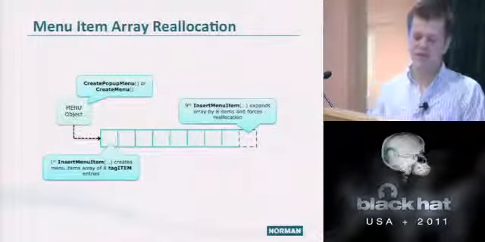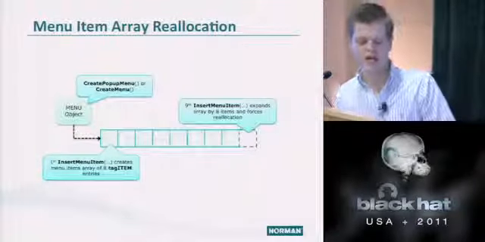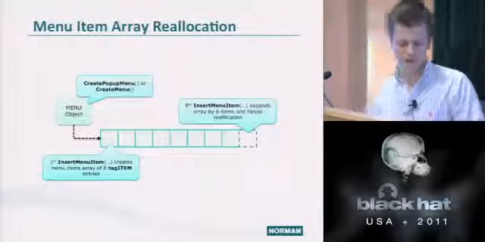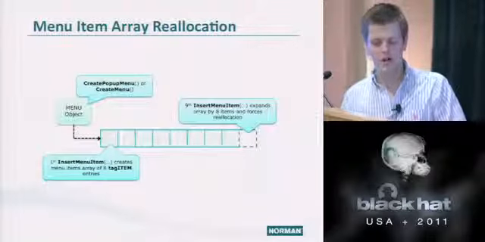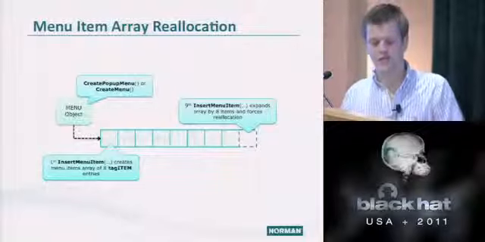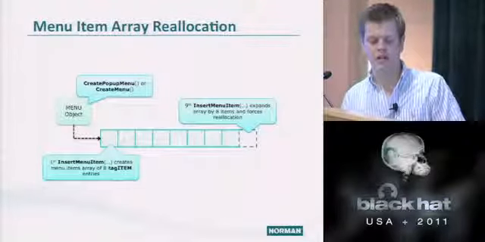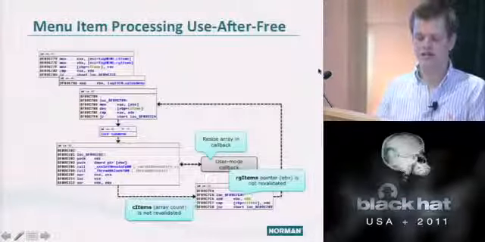You have the menu object that you create using these standard APIs, CreatePopupMenu or CreateMenu. Then you insert menu items, and on creation, on the first item you reserve space for 8 items. Then on the 9th you will reallocate the array to hold an additional 8 items. So this is how that will look.